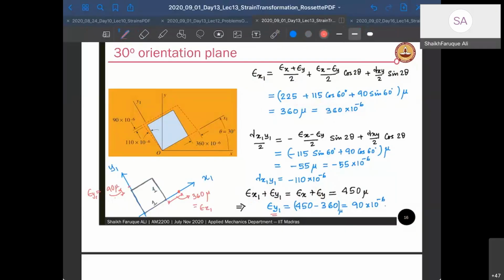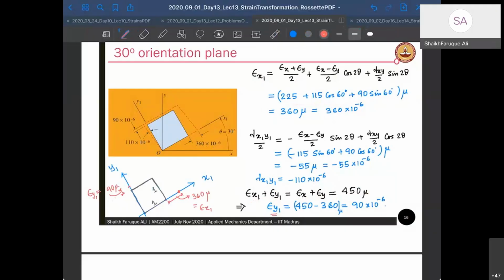Now gamma xy is minus 110. Now minus 110 gamma xy means it is which directional rotation? Clockwise, sir. Clockwise rotation. Now clockwise rotation I have to give, but here it is given anti-clockwise.